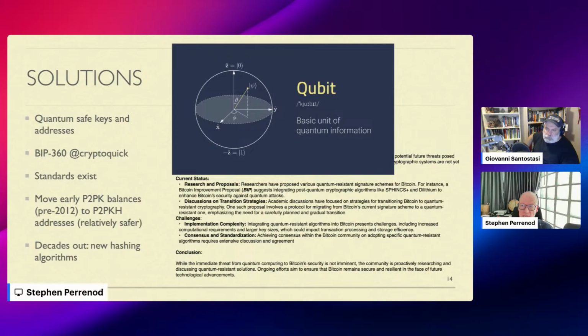So BIP 360. You can follow the author at Crypto Quick, and he has a pseudonym. And basically, it's going to integrate if it gets approved.